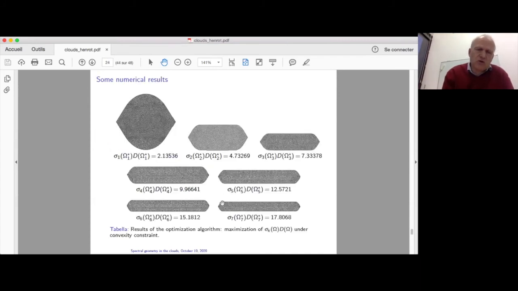So coming back to the numerical result, and I will finish by that. You see that it seems that the asymptotic behavior, even if k equals 7 is a little bit low, is that the sequence of domains converges not to a disk here, but to a segment. And that's interesting.